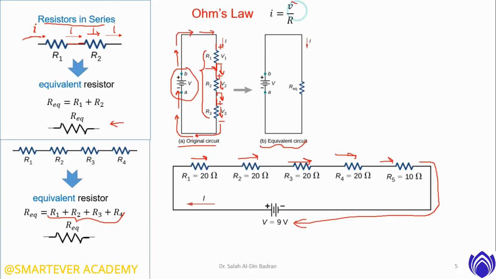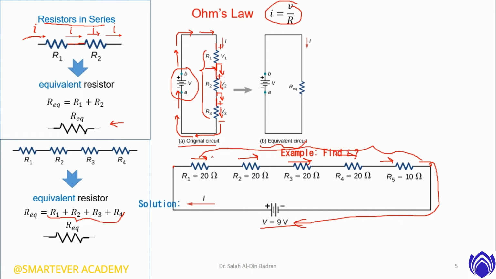Now we want to use Ohm's law to find this current. The voltage is 9 volt of the circuit connected between this terminal and this terminal. As we learned, we can find the equivalent resistance.